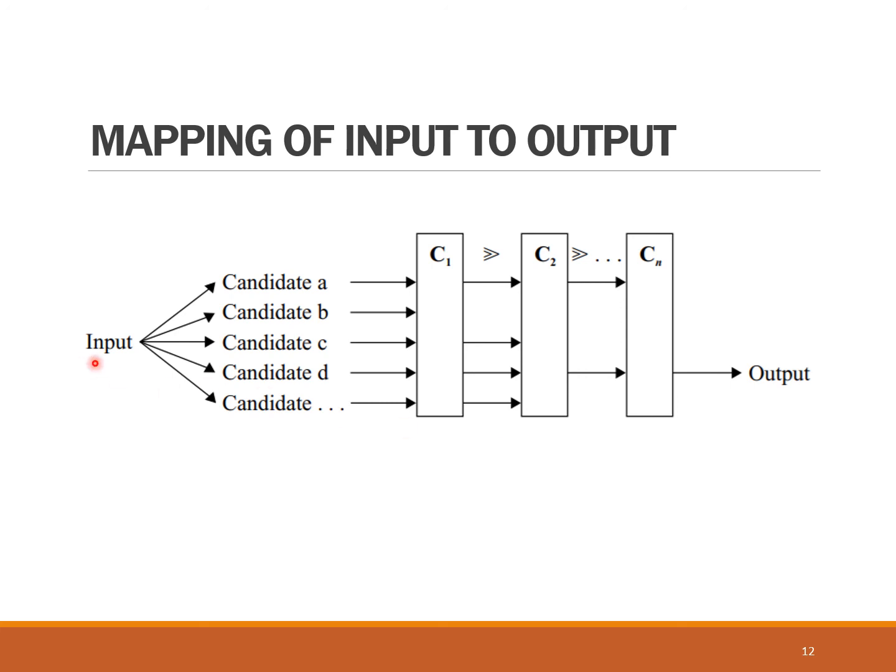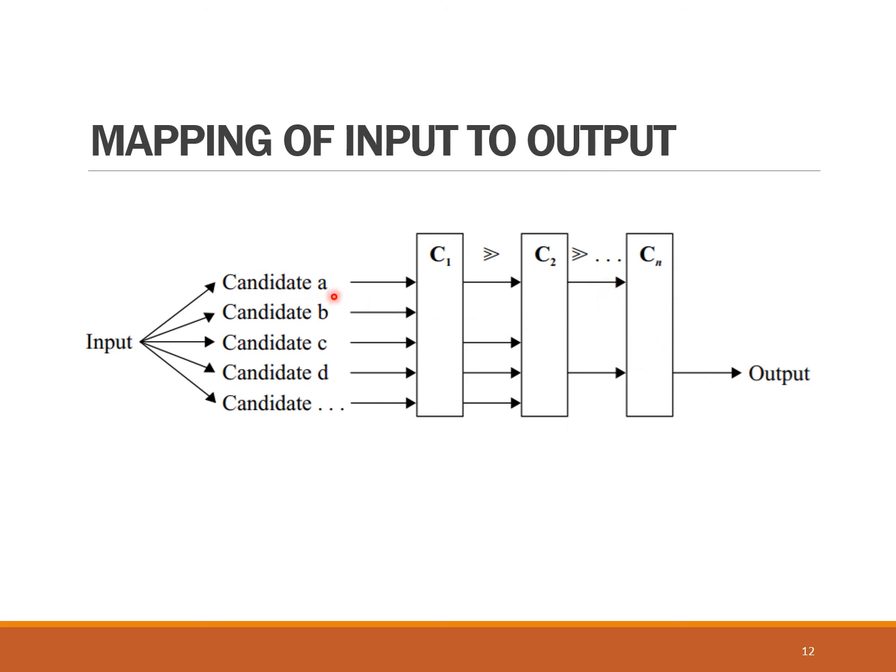So you have the input, then you have the candidate sets which are supplied to the Eval component. This is Eval. So these are the constraints C1, C2, Cn. There is a dot dot, that means there are a lot of activated constraints which operate at the level of the Eval component.